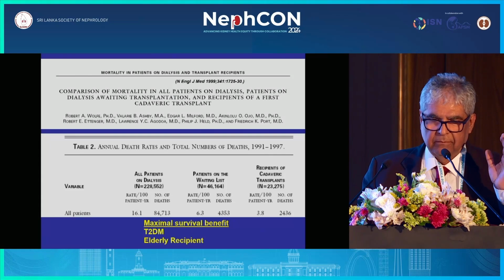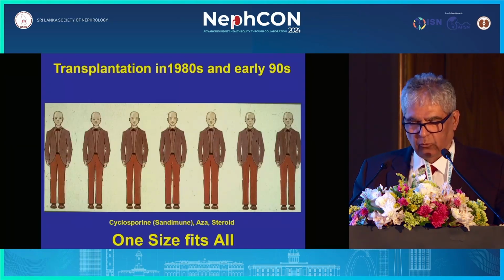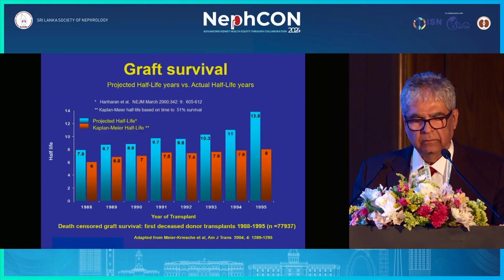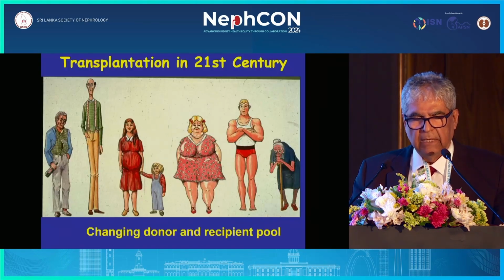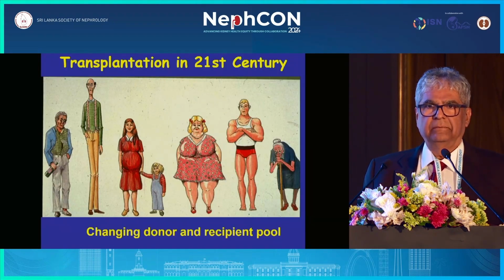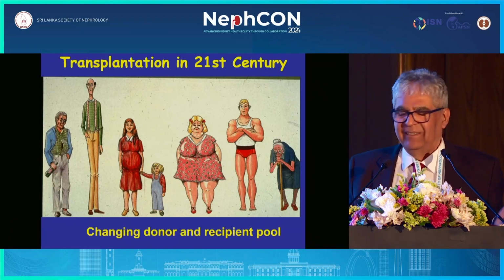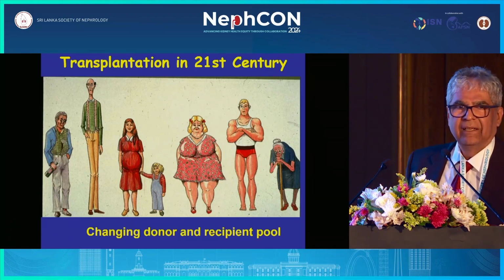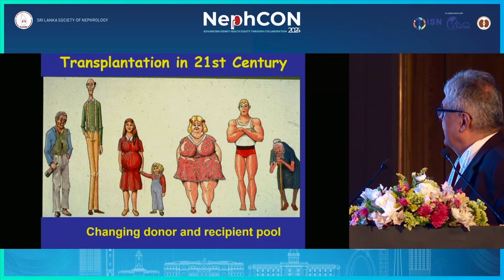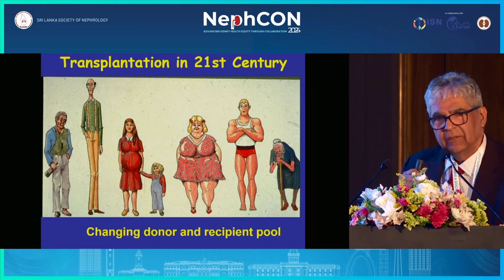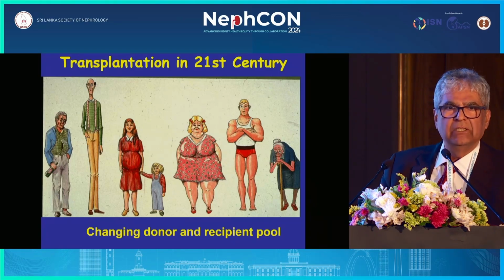But it was good. So one size fits all became like this. Everybody wanted a kidney. Today, this woman who has got one leg in the grave and one on a banana skin still would like to ask, am I eligible for transplant?